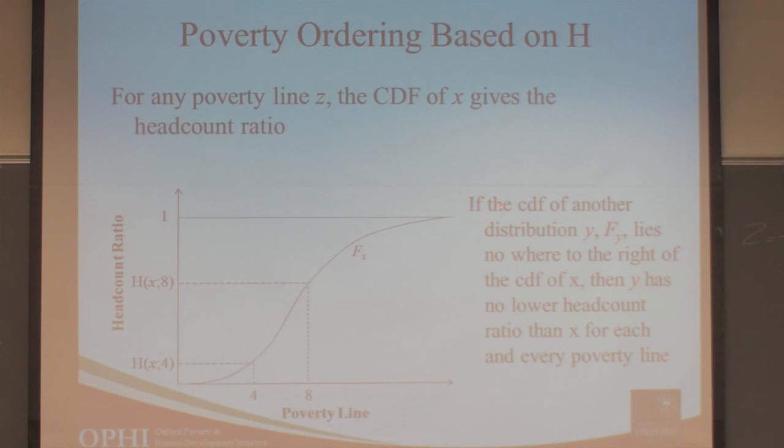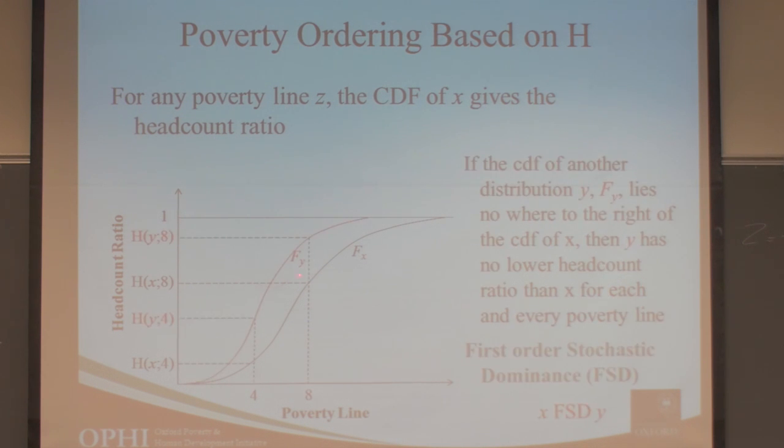Now, if the CDF of another distribution y, which we will denote by F_y, lies nowhere to the right of the CDF of x, then y has no lower headcount ratio than x. A bit difficult to read, and not to be technically correct, but the idea is that if you have such a situation and you choose any poverty line, let's take a poverty line of 4, which distribution has higher headcount ratio?